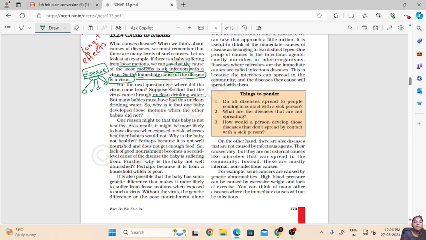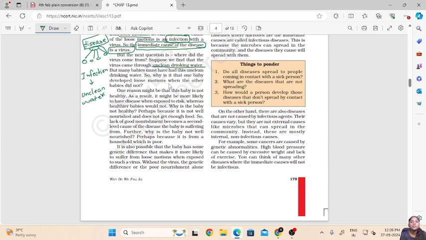So first is the infection. Then we saw that it was because of unclean drinking water. Now why only one baby fell ill because of this unclean drinking water? One of the reason might be that this baby is not healthy.